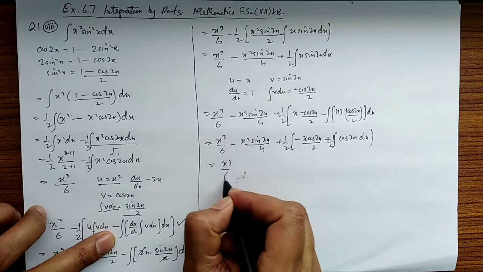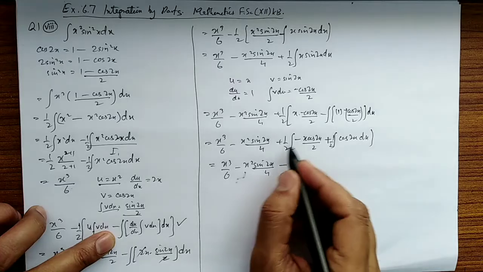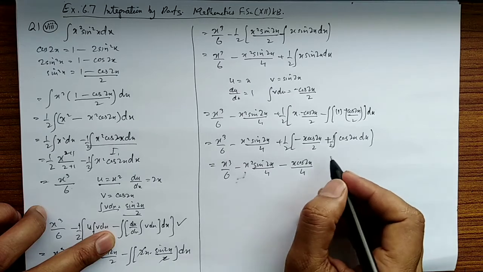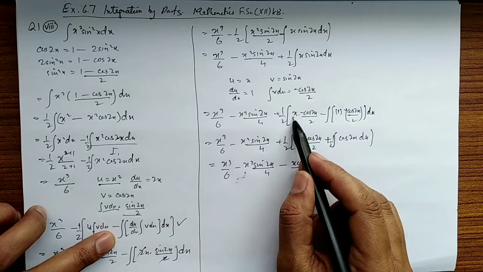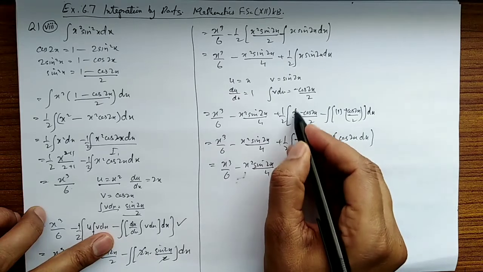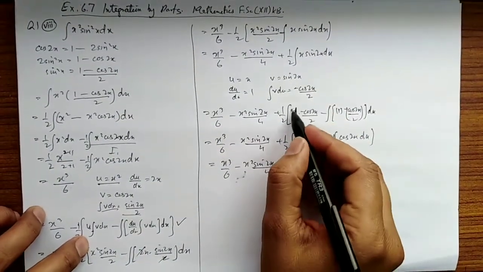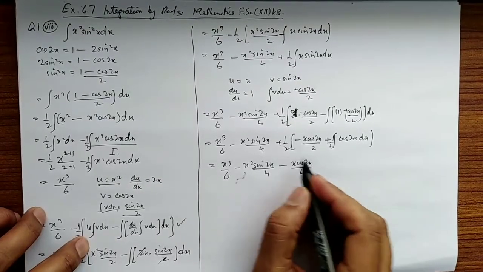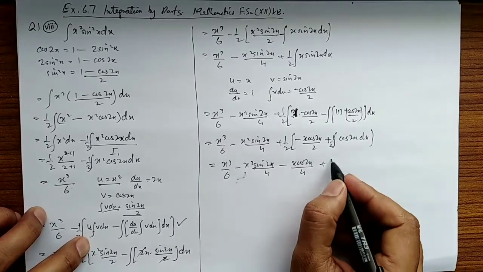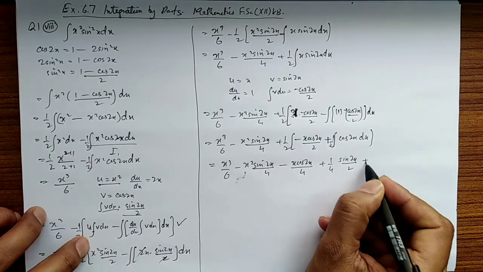Okay, x cube upon 6 minus x square sine 2x upon 4 minus x cos 2x, plus into plus is plus, this 1 upon 2 makes 1 upon 4, and integral of cos 2x is sine 2x upon 2, plus c.